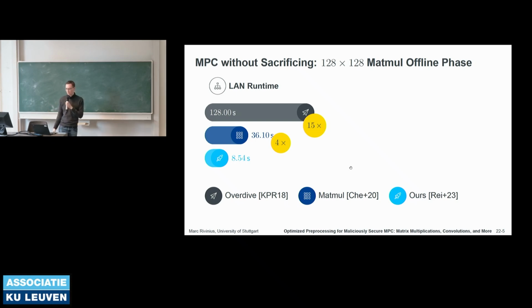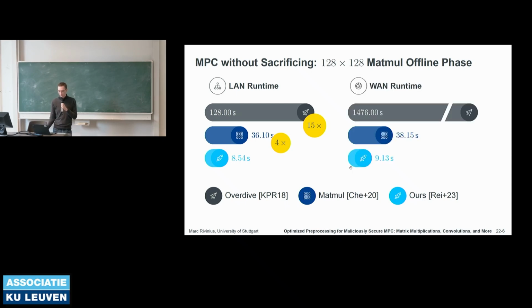They're more demanding to run, so the runtime is here 4 times slower than ours. And the normal Beaver triples are again much slower because you have to generate many more Beaver triples. And also similar results for the slower network, where the Beaver triple is just getting more and more impractical, and still we are better than the other matrix approach.